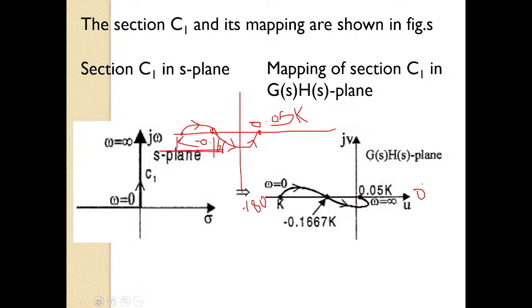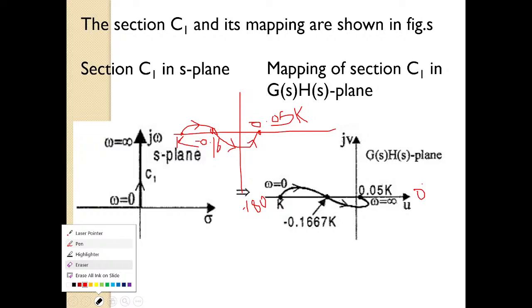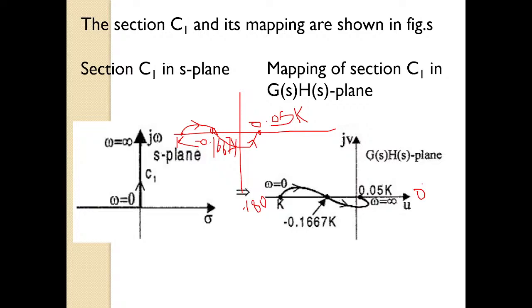Sorry, I am unable to write another 6; there was a disturbance. So 0.1667 K. So this is that point. I hope you are able to follow. You can do this, nothing complicated.